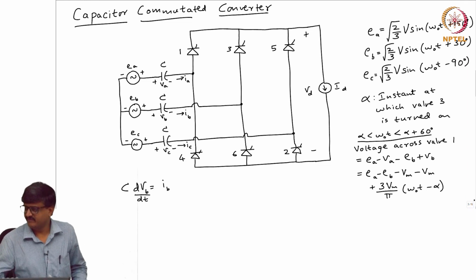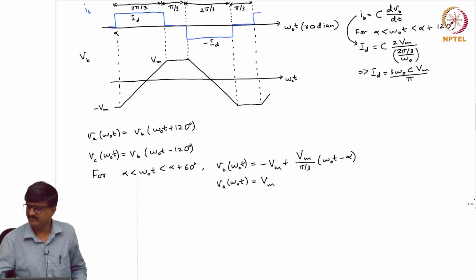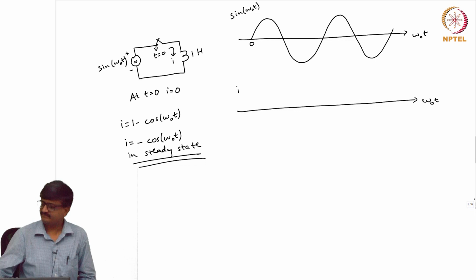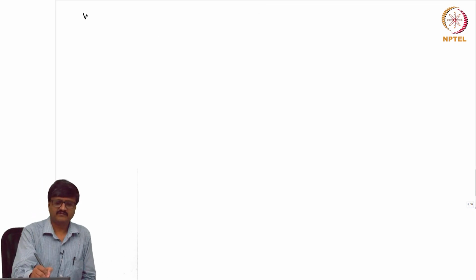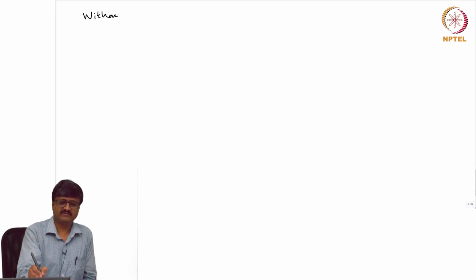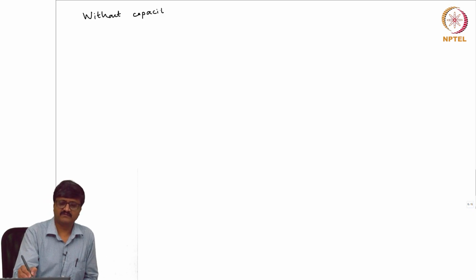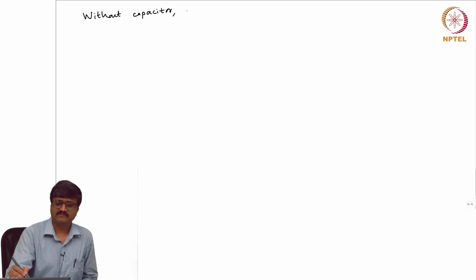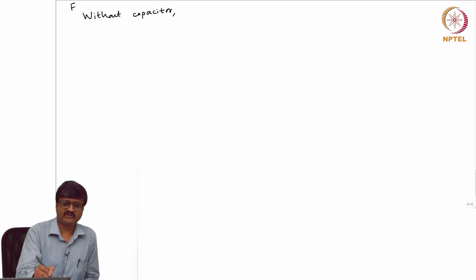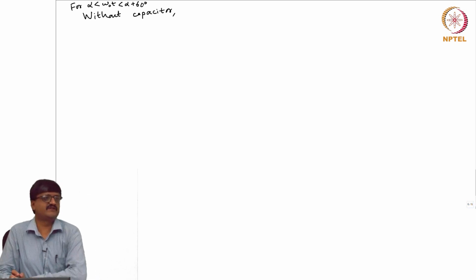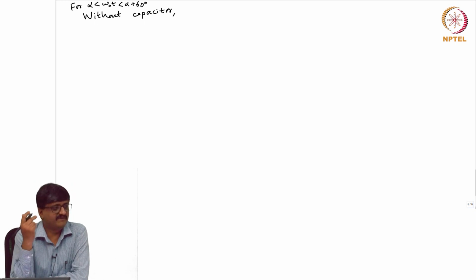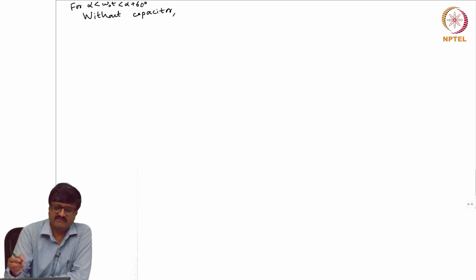Okay, let me summarize here. What I am trying to say is, without capacitor, and we are only talking about alpha to alpha plus 60 degrees, we want to see what happens to the voltage across valve 1.